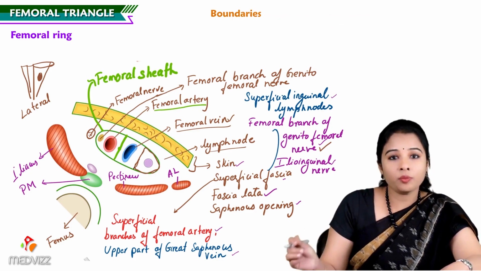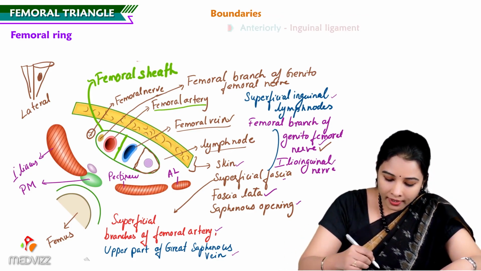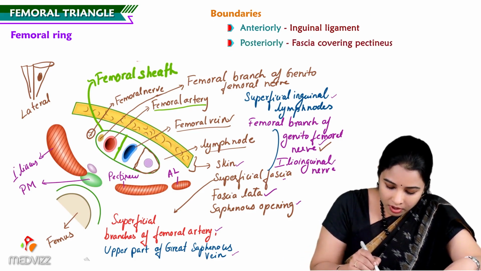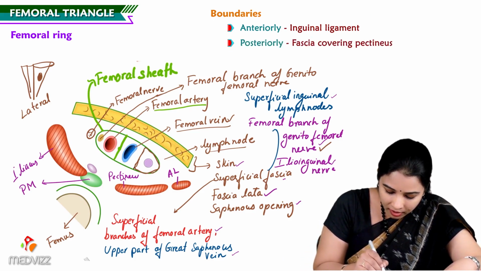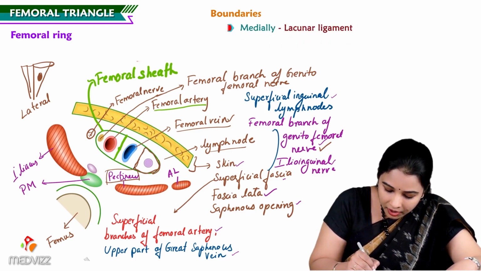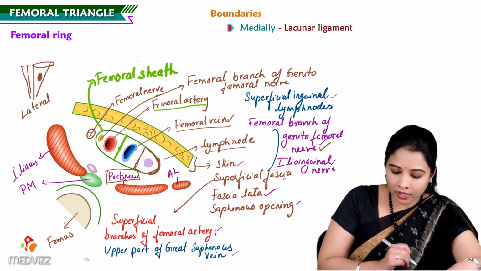So let's talk about the boundaries of the femoral ring. Anteriorly, it is formed by the inguinal ligament, and posteriorly, we can see here, this is the pectineus on the posterior side. So the fascia covering the pectineus will form the posterior boundary, and medially this crescentic one is formed by the lacunar ligament.